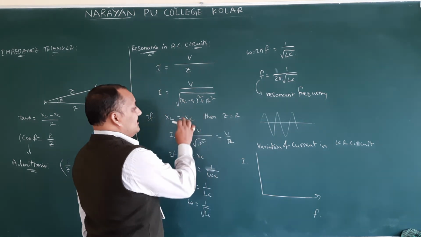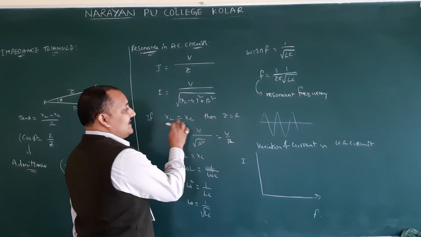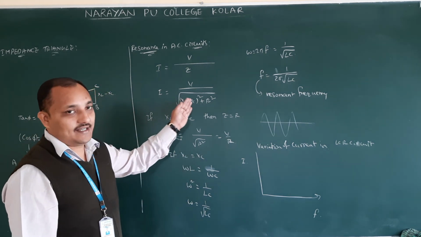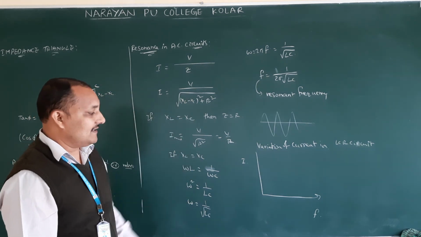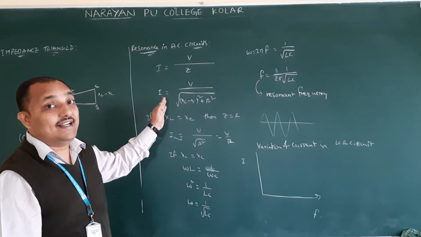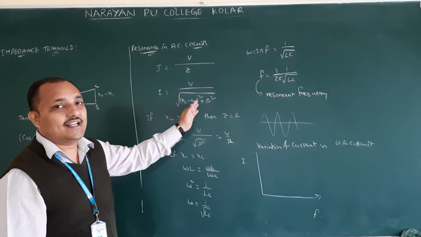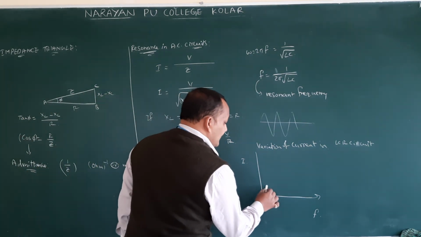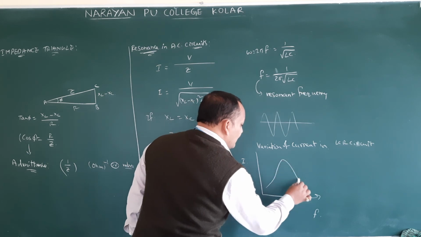At I naught, where Z is equal to R and XL equals XC, the current becomes maximum. If you increase the resistance, the current decreases. If you decrease the frequency at first, the current increases. So the increase and decrease will come like this.